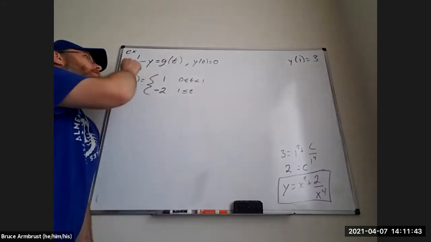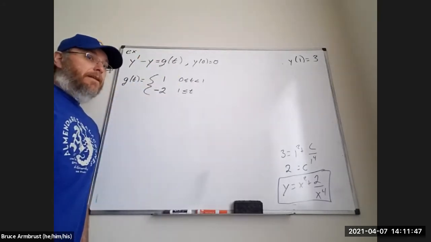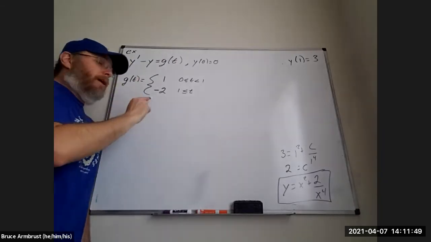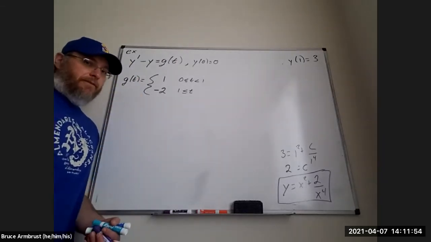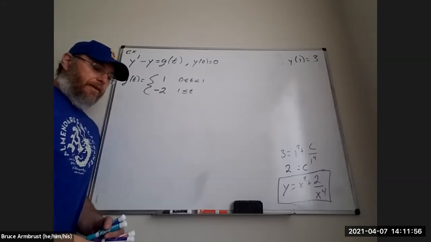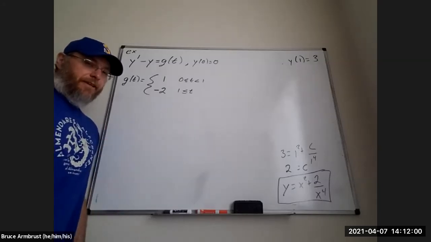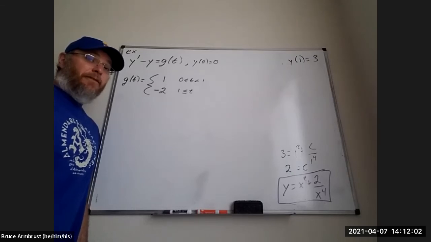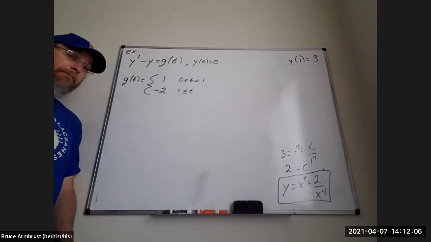The first one is y prime minus y equals 1. And the other one's going to be y prime minus y equals -2. So it's two different functions. But here's the good news. The good news is the process is identical for both of them. So we can actually kind of take care of both of them at the same time.